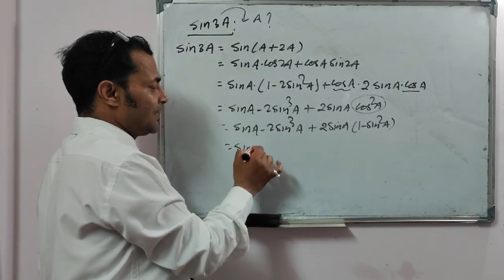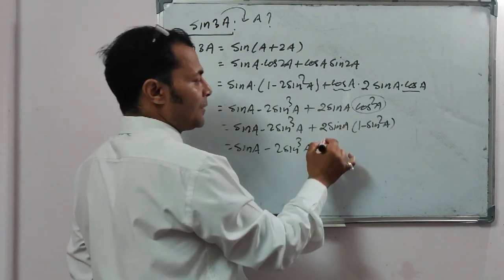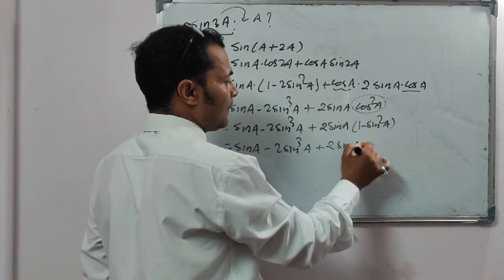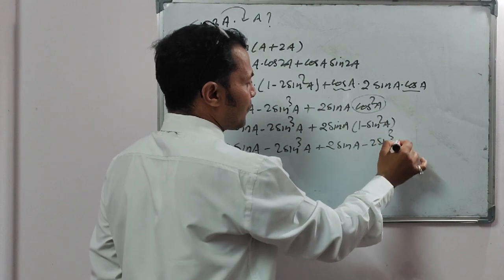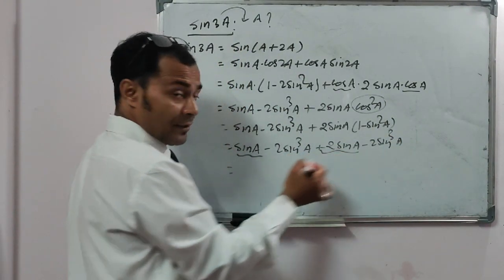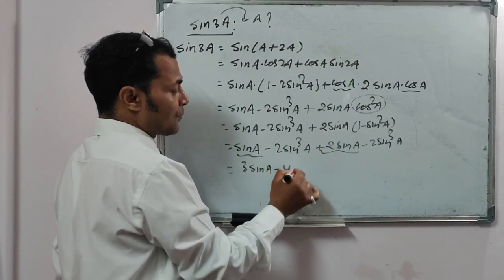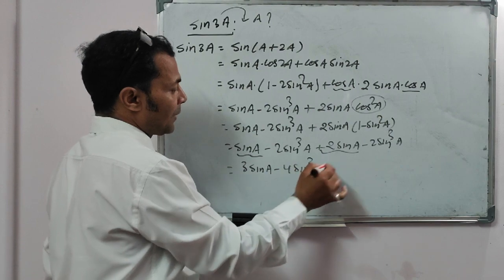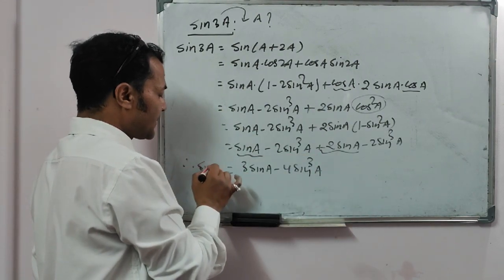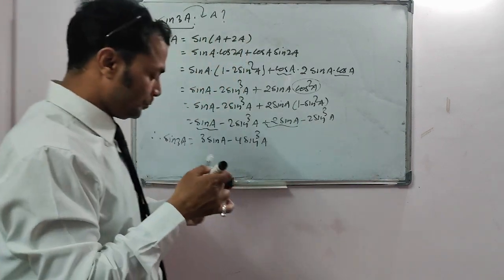So what happens is sine A minus 2 sine cube A plus 2 sine A minus 2 sine cube A. So lastly, what you got? See here, we can add these too, that is 3 sine A minus 4 sine cube A. Yes. So this is the formula for sine 3A.